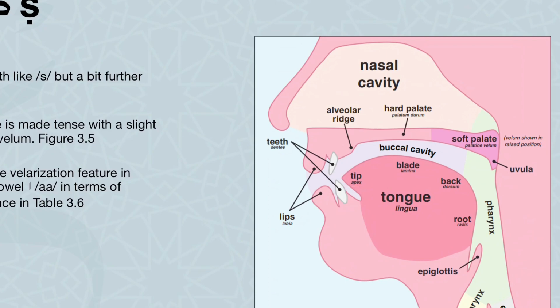When you're attempting the first letter, you bring the pointy end of your tongue to your front teeth, but you almost close it. You allow very little air to be let out, and you end up with that sound.